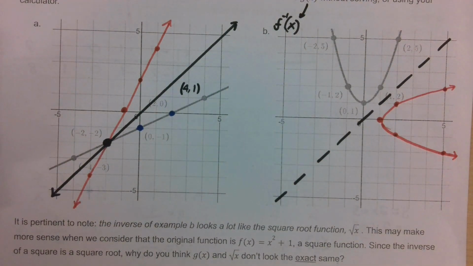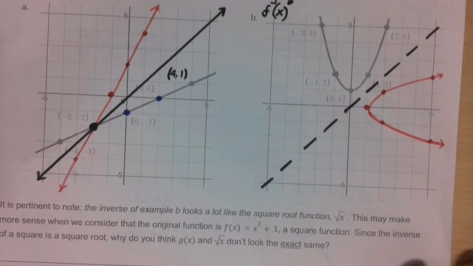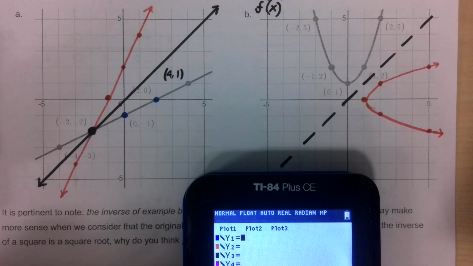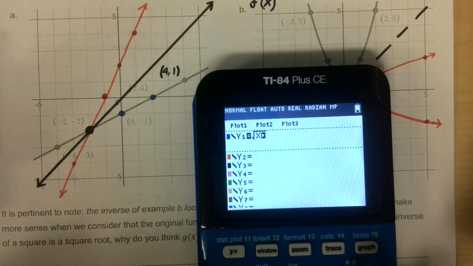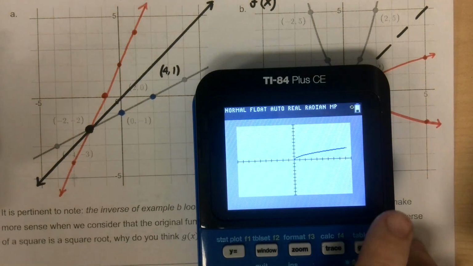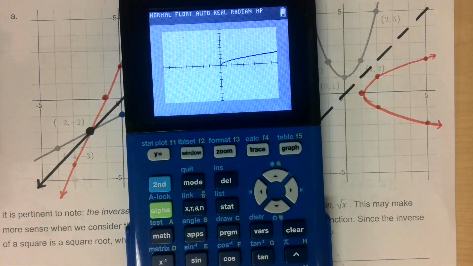So what gives? Why are we doing inverses? Here is the big reason. Example B. Our inverse looks a lot like the square root function, the square root of x, doesn't it? If I was to plot in my calculator, for instance, the square root of x, it's going to look pretty similar to our red line here, but not quite finished, right?